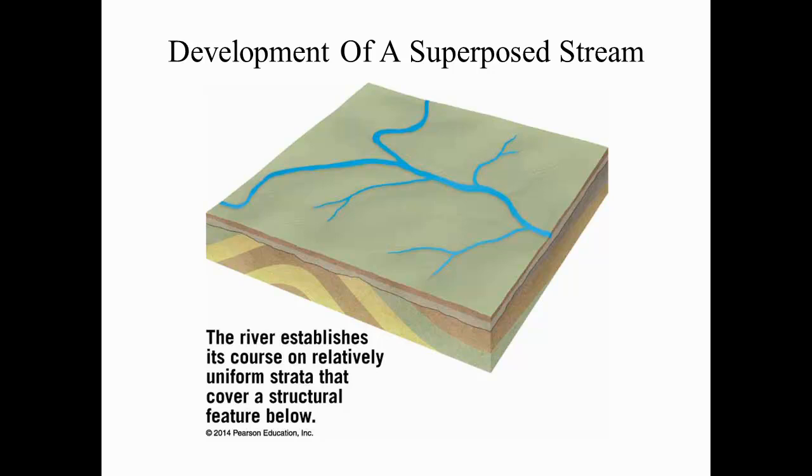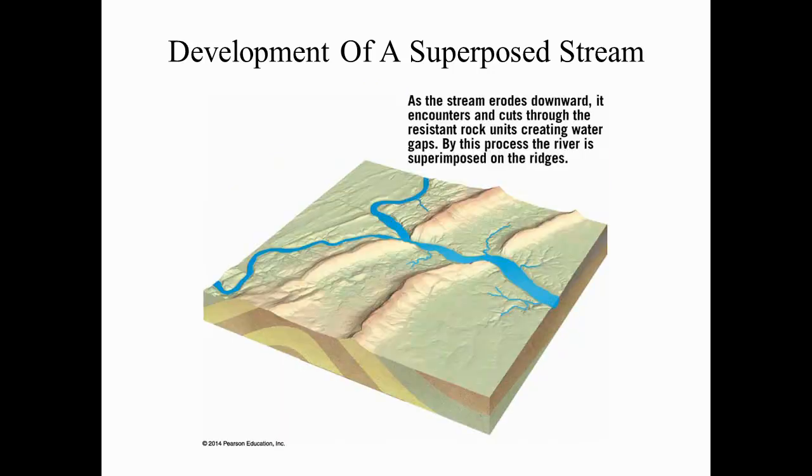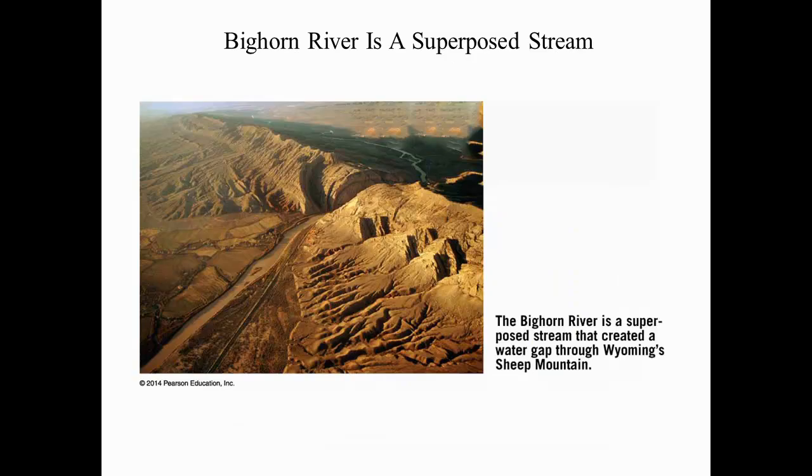But over time, as the stream continues to downcut, it'll eventually encounter the underlying folded structure. And when it does so, it'll cut through the resistant rock and carve these gaps through the ridges. And a good example of this is the Bighorn Basin, where the superposed stream has created a water gap through the Wyoming sheet mountain.